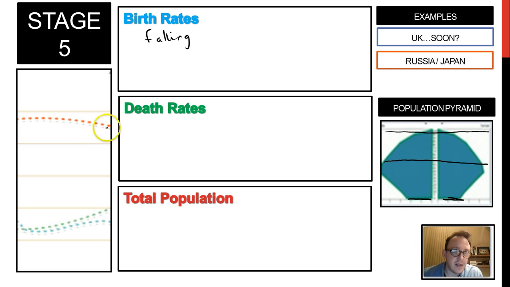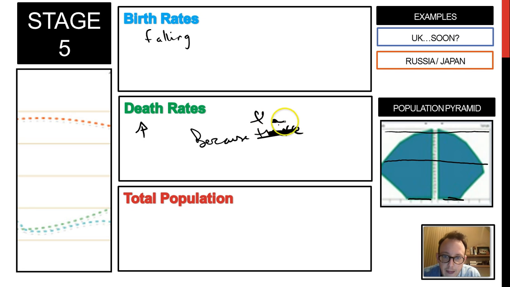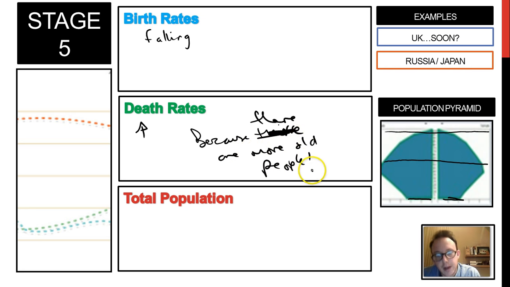Death rates are increasing. Okay, the reason they're increasing is because there are more old people. Oh, I'm having a terrible day spelling today, aren't I? Okay, and the reason that, if you think about it, old people eventually die.